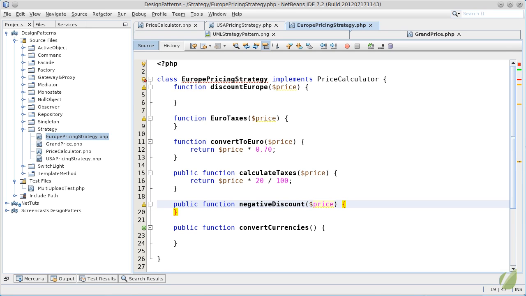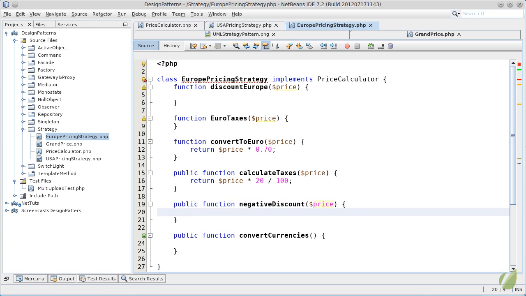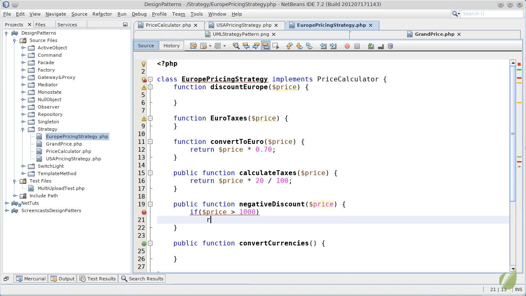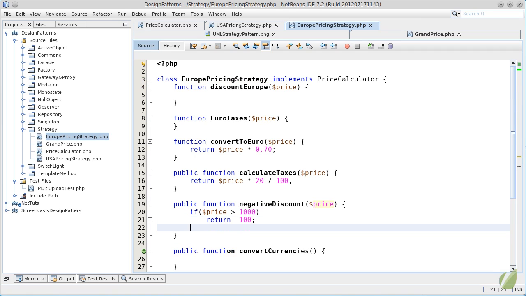For example, if we are implementing the Europe pricing strategy and our price is larger than 1000 euro, we should consider offering a discount of 100 euros. Otherwise, only just 10.